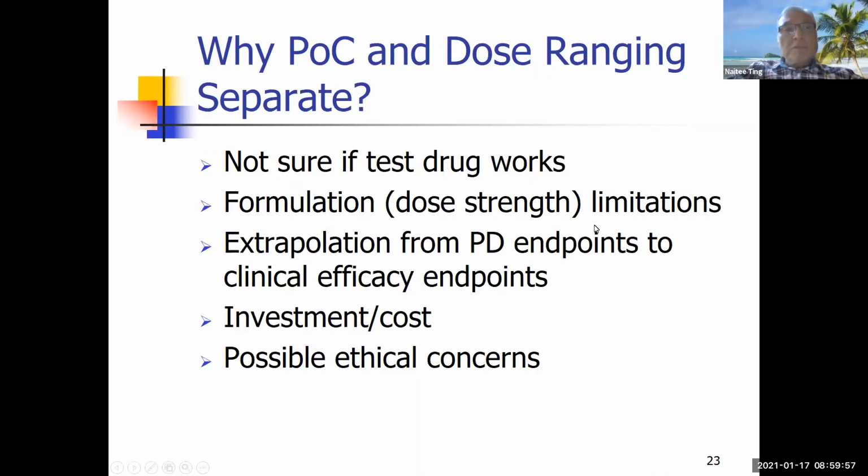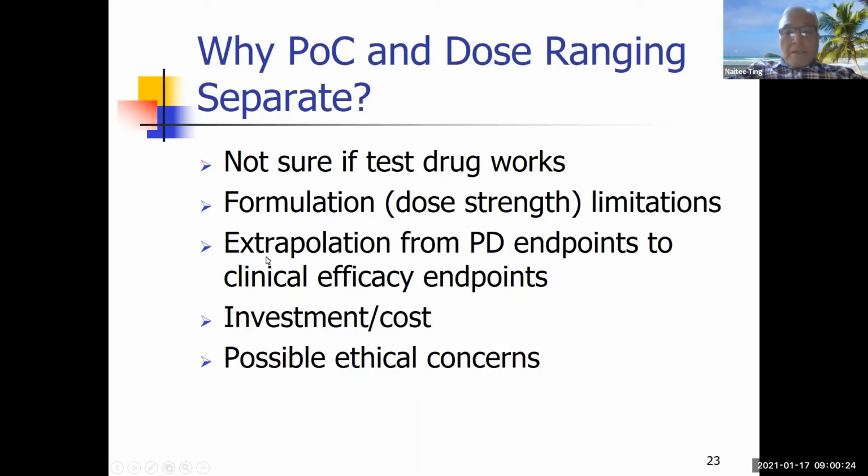Suppose you have already formulated 5 milligram tablets. That's good. You can test 5, 10, 15, 20, up to very high doses. But there's no way you can test 3 milligram or 7 milligram. So there are formulation limitations.